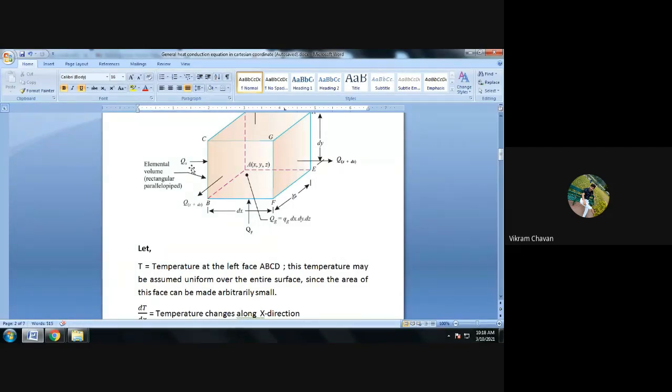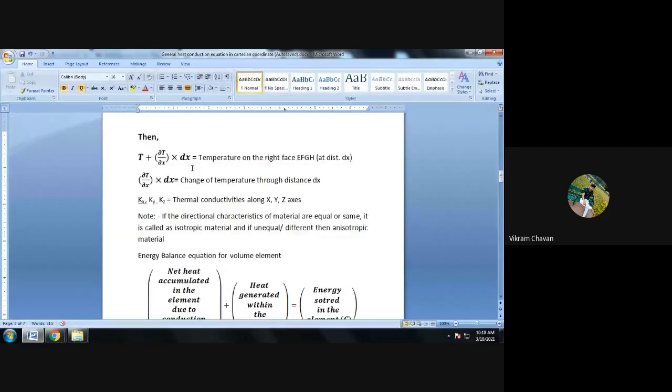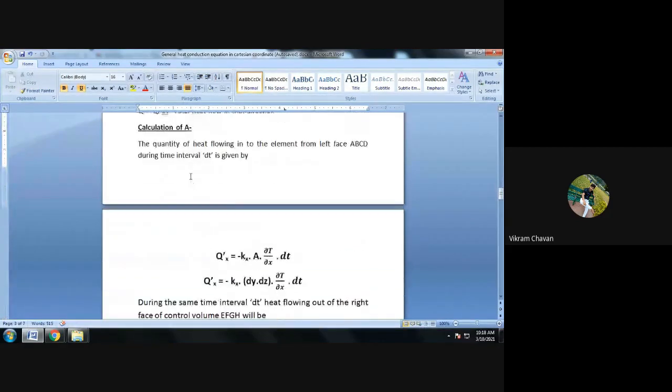So here Q dash x will be equal to minus K suffix x, which is the thermal conductivity of the element in the x direction.